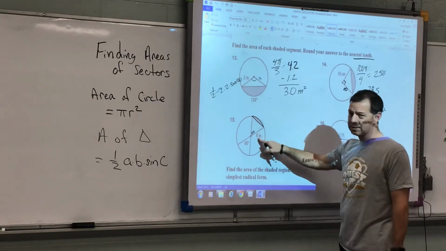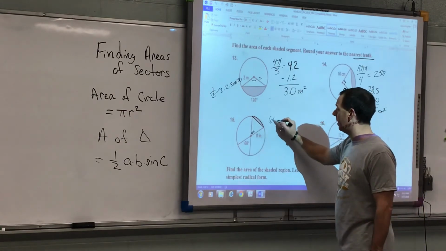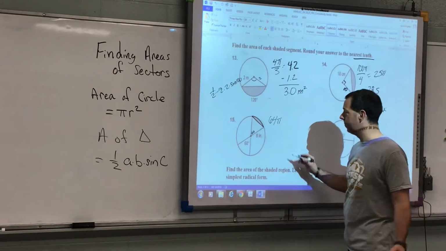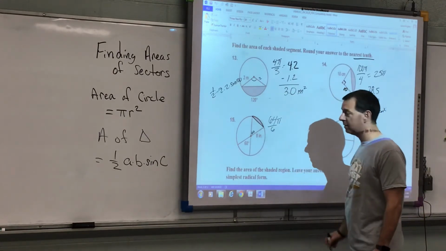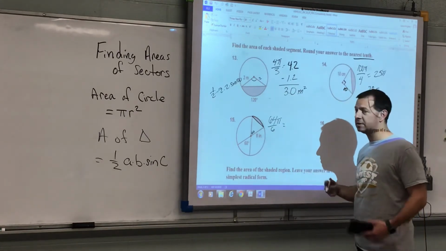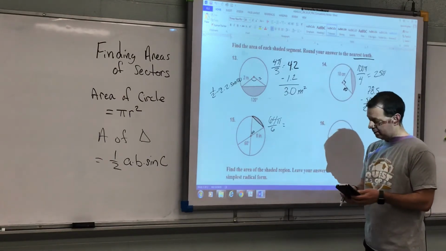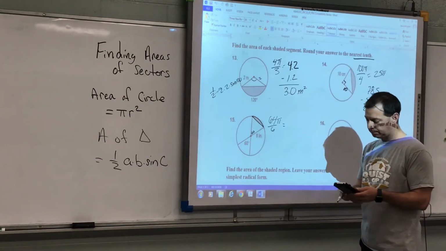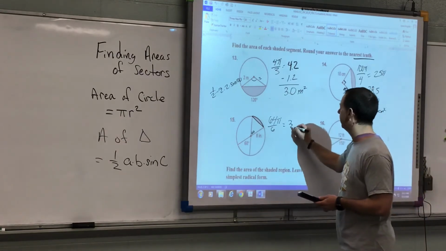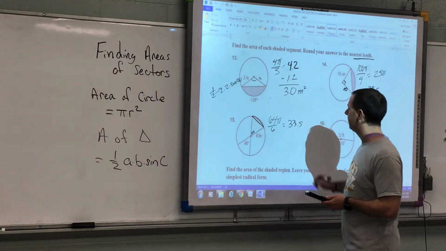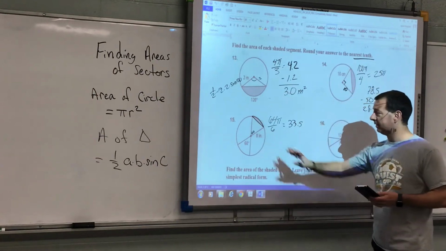Well, if I have a radius of 8, that means that 64 pi is my area of the whole circle. I'll divide that by 6, because that is 1/6 of the circle. 64 pi divided by 6. That's 33.5. Looks right, 33.5 is my area of that sector.